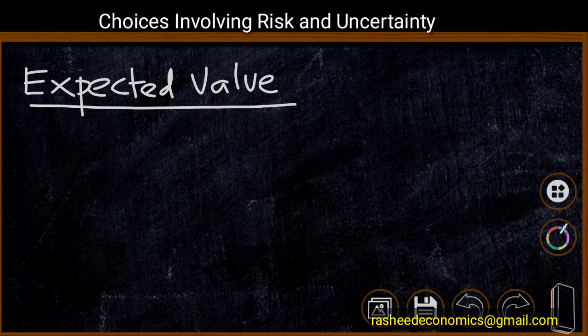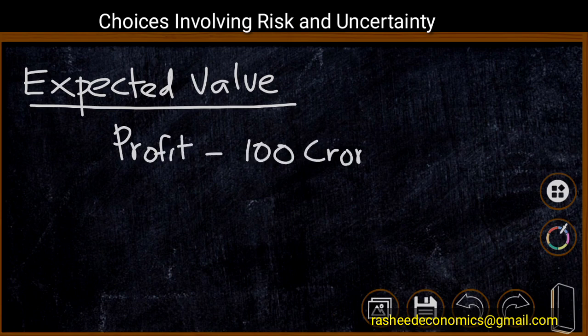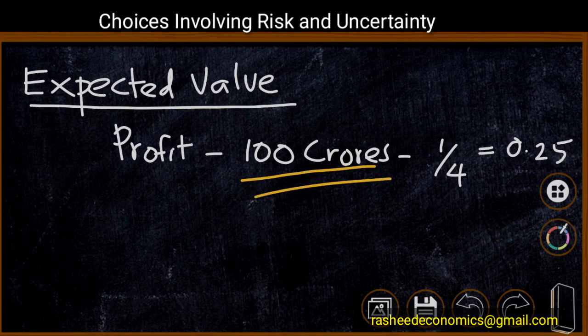If the investment is successful, then the profit of the company is 100 crores and its possibility is 1 by 4, and automatically its probability of winning is 0.25. Here the payoff is 100 crores and probability is 0.25.